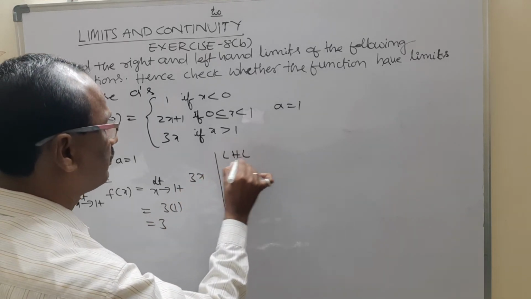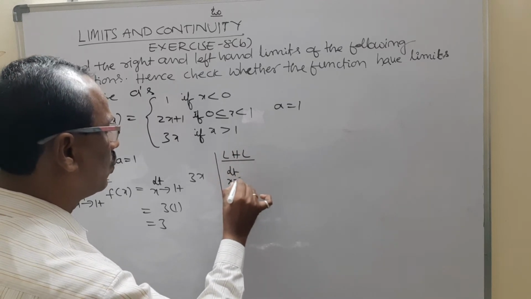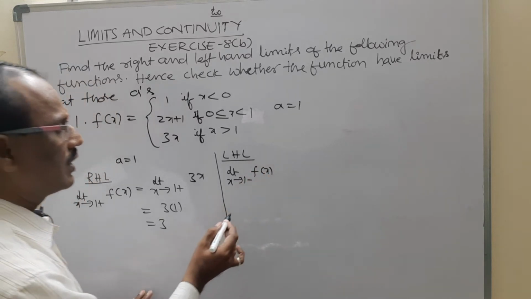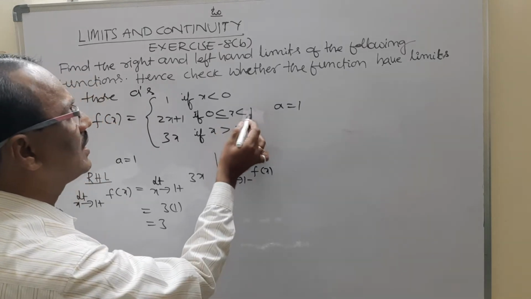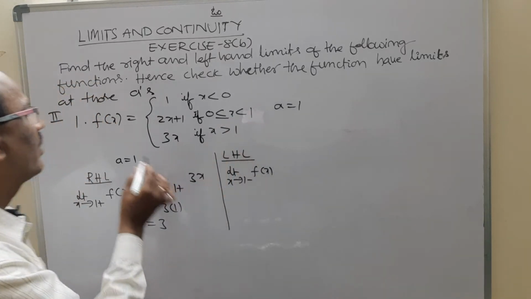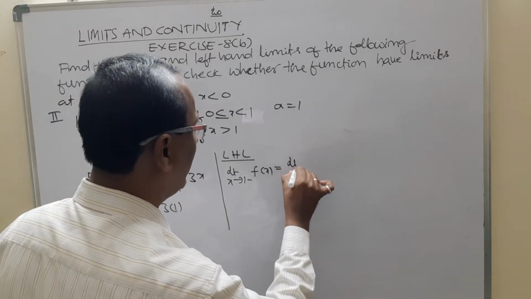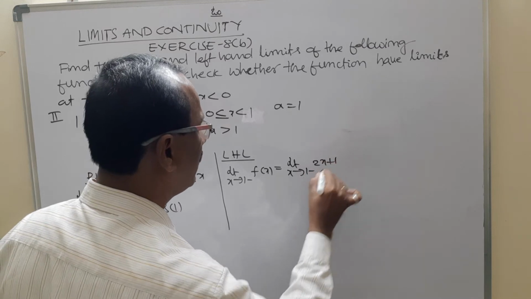Next, to find the left hand limit, limit x tends to 1 minus f of x. Limit x tends to 1 minus means we take the f of x function for x less than 1. If x less than 1, f of x is equal to 2x plus 1. Limit x tends to 1 minus 2x plus 1.